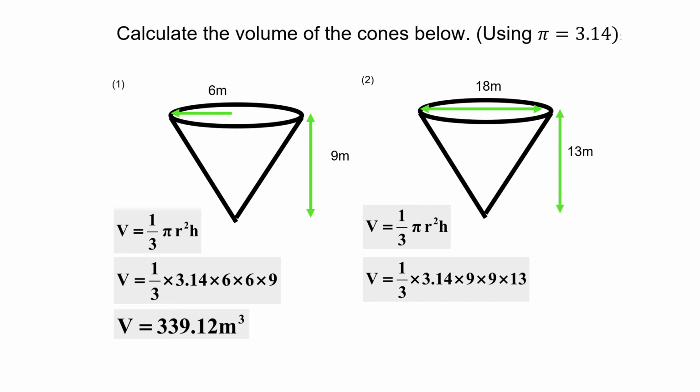Yes, it represents the diameter. And what do we know about the diameter in relations to the radius? That is indeed correct. The diameter is twice the size of the radius. Therefore, our radius for this cone is 9 meters.